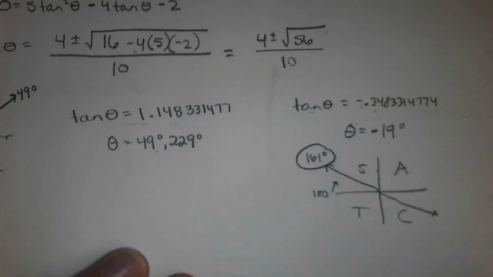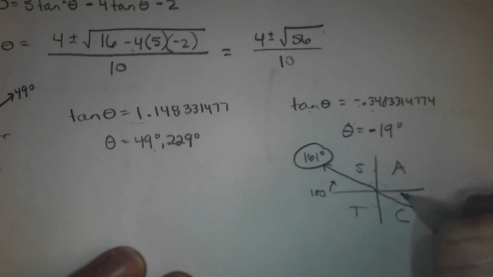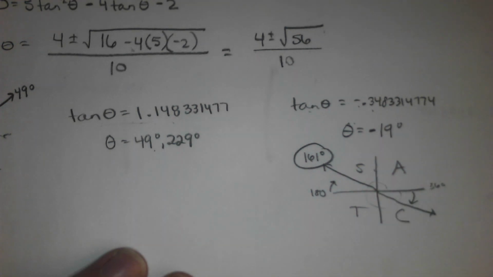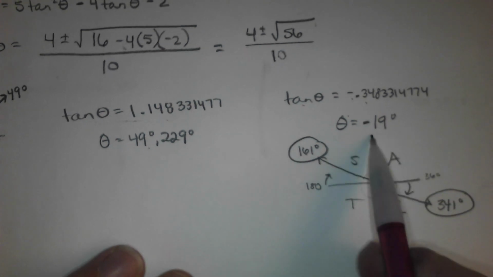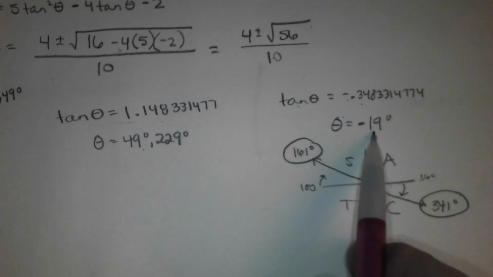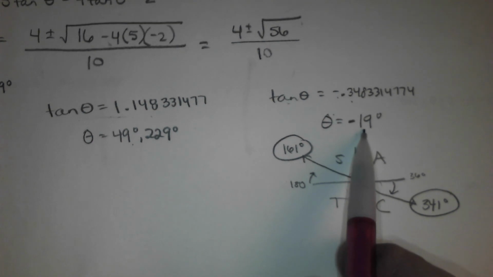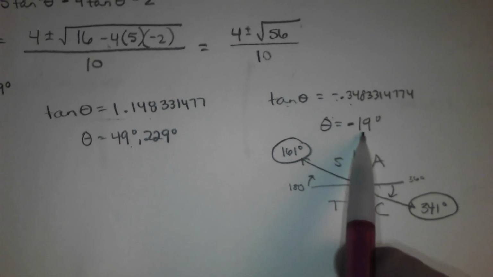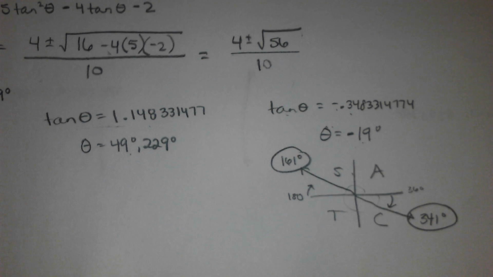And then to get the fourth quadrant one, I'm going to wrap all the way around to 360, and then I'm backing up 19 degrees. So 360 minus 19 is 341. So even though your calculator gives you that, it's not an answer that you can give. But it's not as terrible as the cosine one, because at least it tells us the reference angle. Right? Any questions on that?